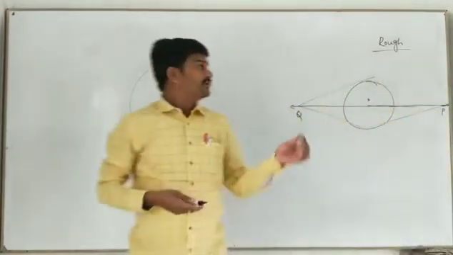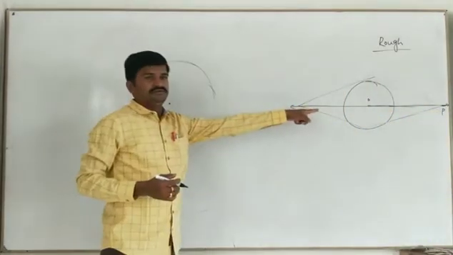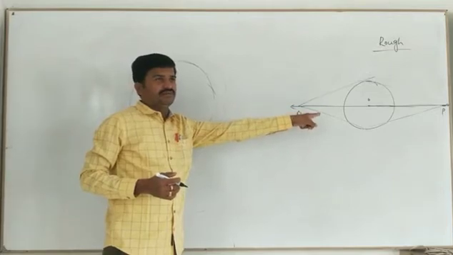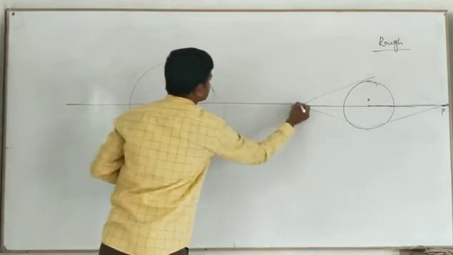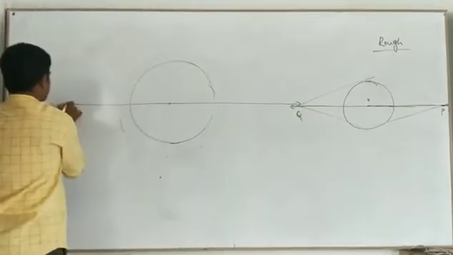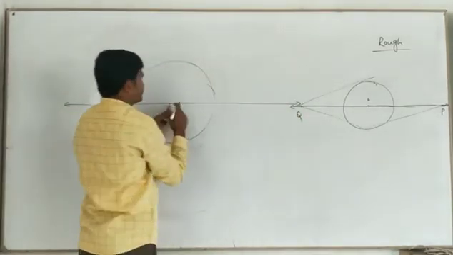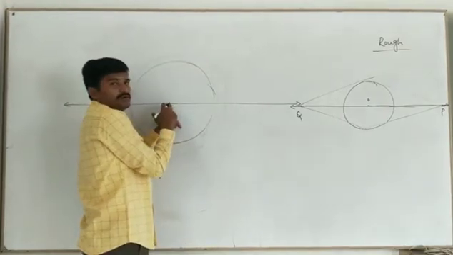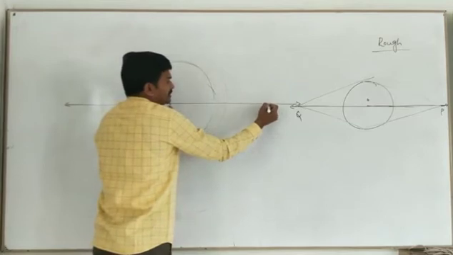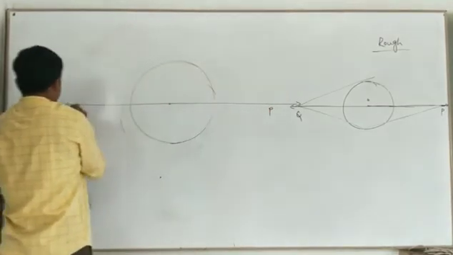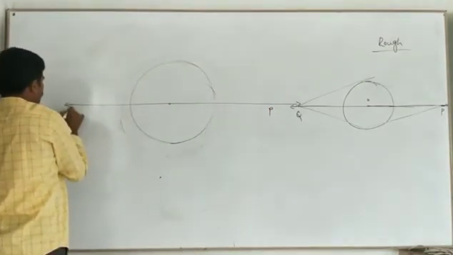Now what I did here? I have extended the diameter like this. Are you clear? And mark the point which is 7 centimeters away from O. This is 3 and one more 4. Here it is P, and here it is Q.